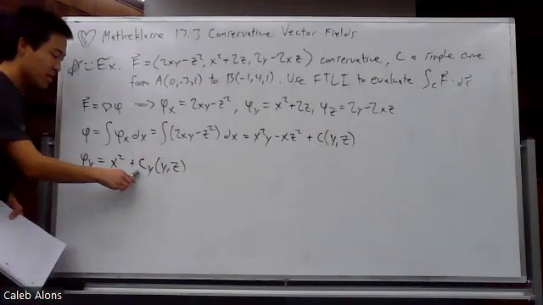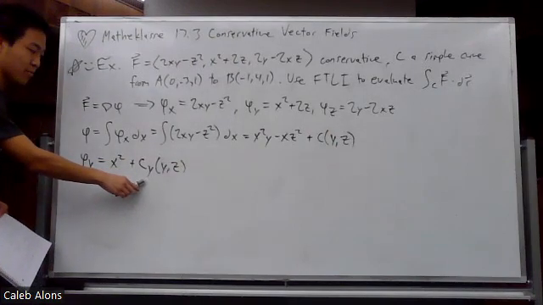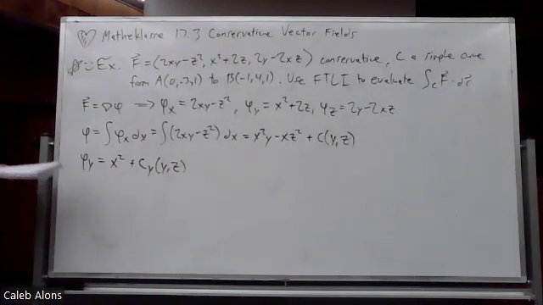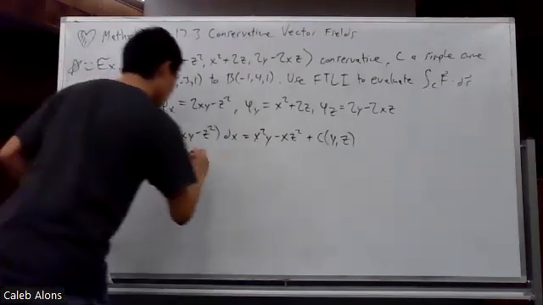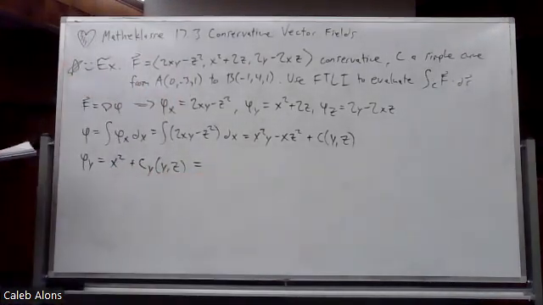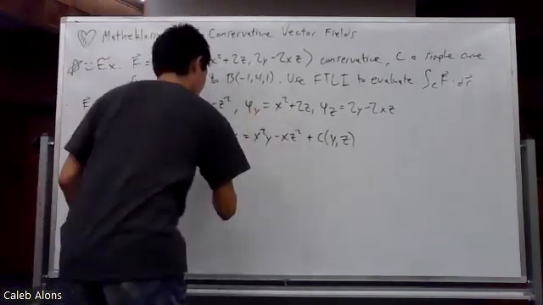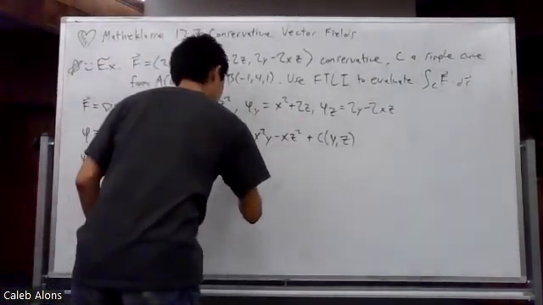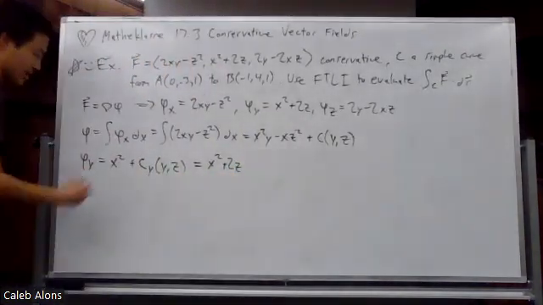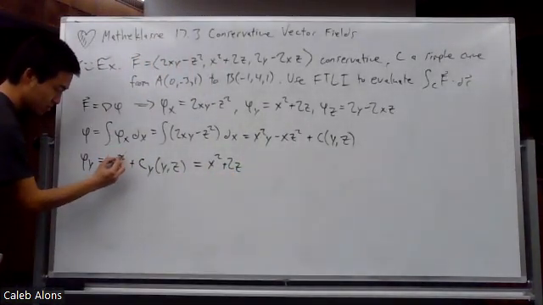So whatever this function is, take its partial derivative with respect to y. And then what do we know this is supposed to be equal to? Yeah, this clue right here. X squared plus 2z. Convenience.